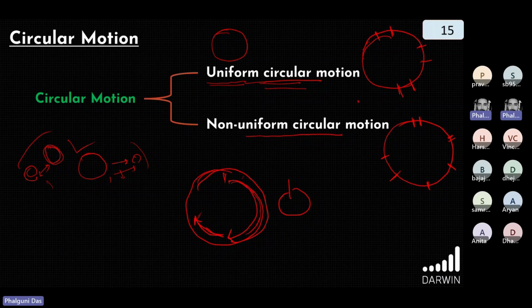So let's start with uniform circular motion. First we discuss uniform circular motion, then we move to non-uniform circular motion. Uniform circular motion, by definition, has to move with constant speed. During the motion, the speed does not change. Also, it covers equal distance or equal arc in equal time intervals.